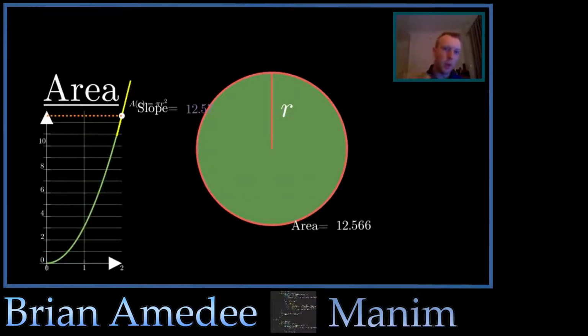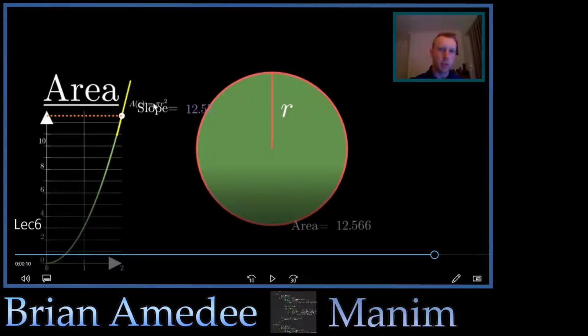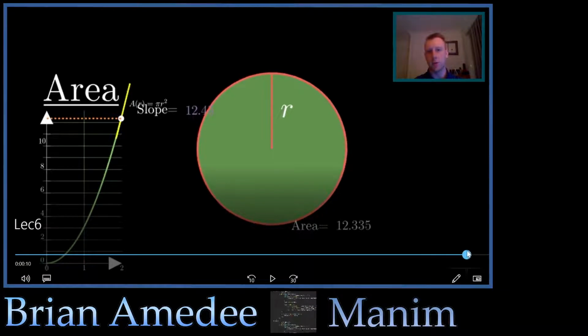If you do pi r squared, 2 squared is 4, so the area in there is 4 pi, which is 12.57. And the perimeter is 2 pi r, so 2 times pi times 2, which should be the same value. So this slope in this area checks out. That's all I'm trying to say.